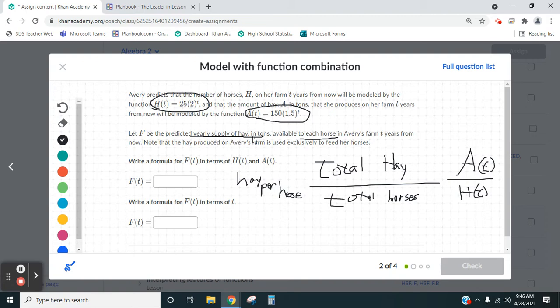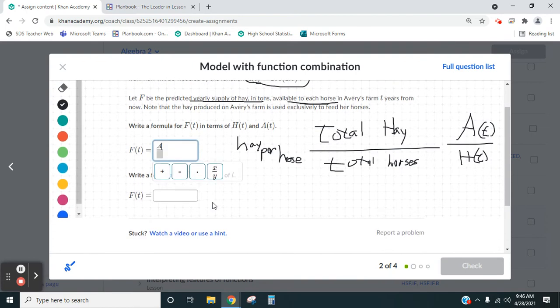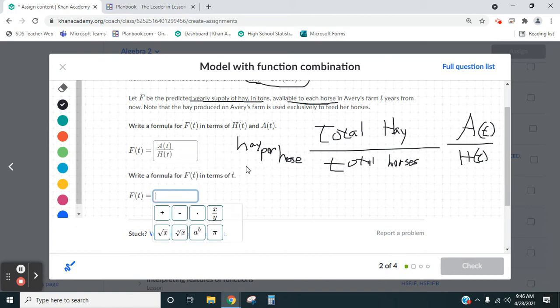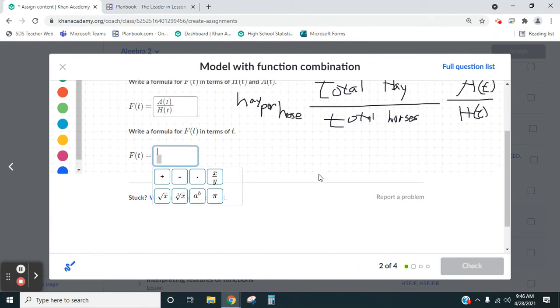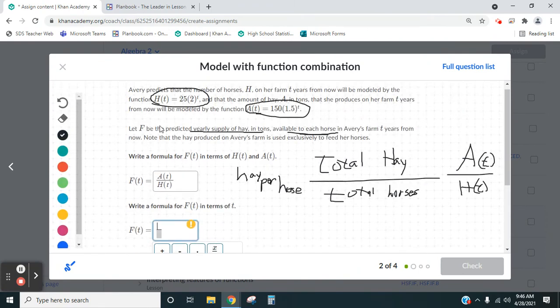The yearly supply of hay available to each horse. So when we write this out, we're going to have to use a fraction like this. And then down here, we're going to actually use those two formulas. So same thing. A is 150.